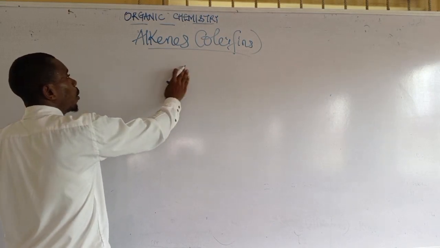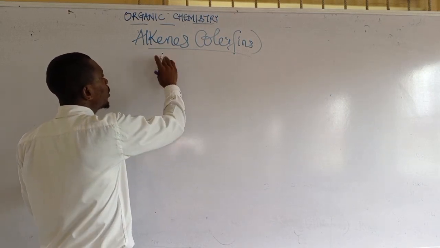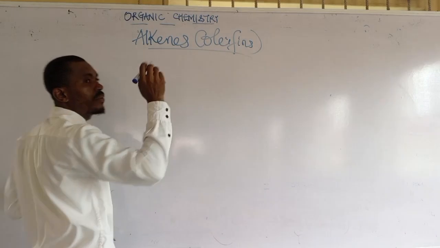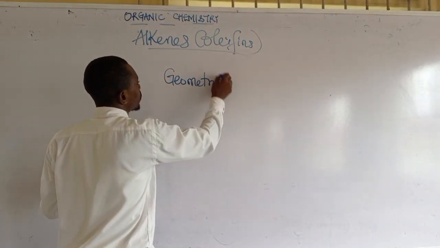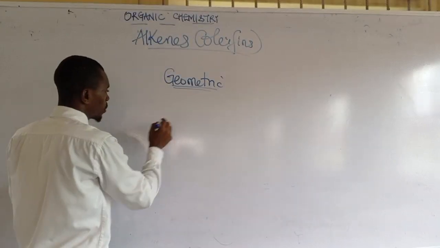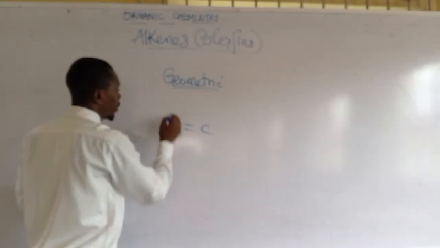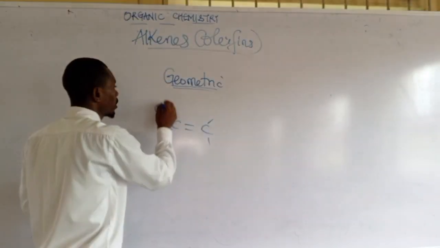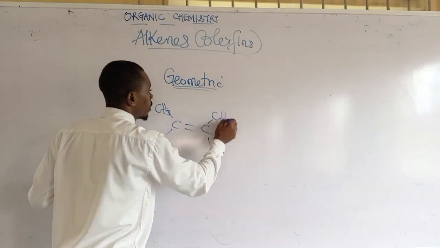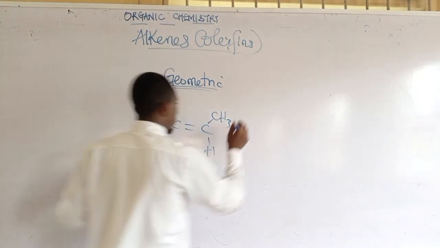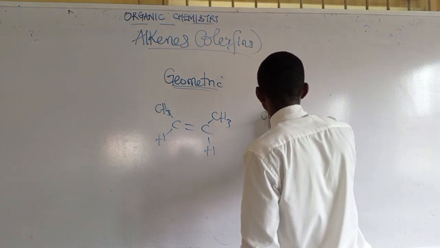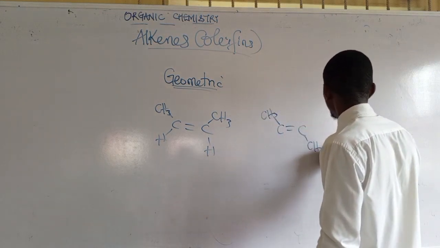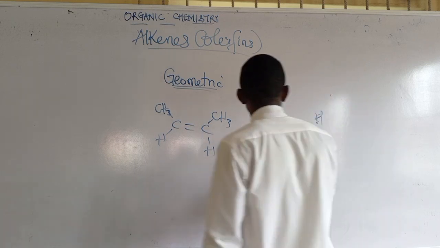So let's see how these form isomers. They undergo a type of isomerism called geometric isomerism. Particularly we have it in this way. We have hydrogen. Then we also have another example, such as CH3 and hydrogen here.